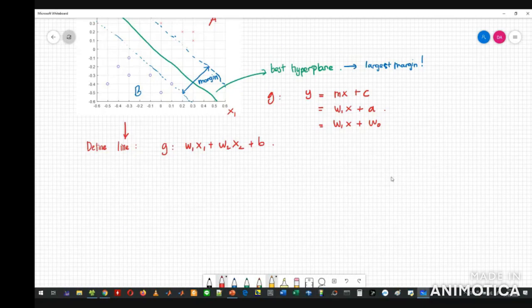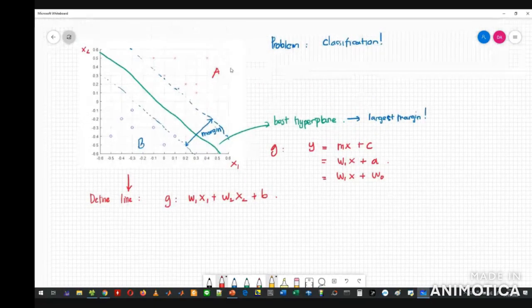Now we would like to separate between class A and class B. So what do we do?